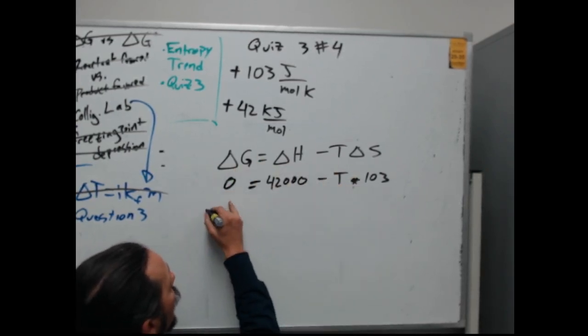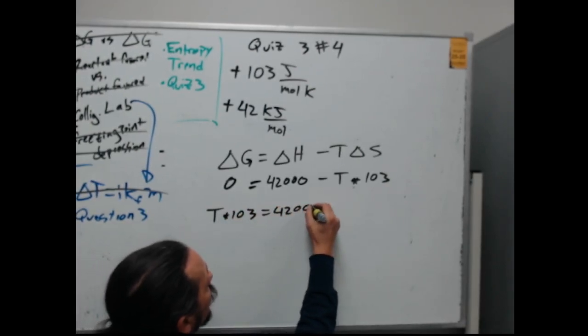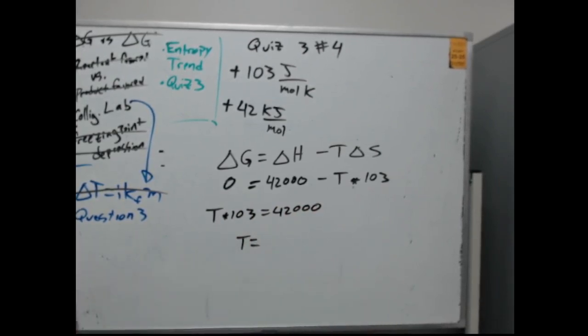I can rearrange. I can get T times 103 is equal to 42,000, sorry. And then I can just solve for T. It's just going to be 42,000 divided by 103. Uh, 407.76. That was off. What'd you get?